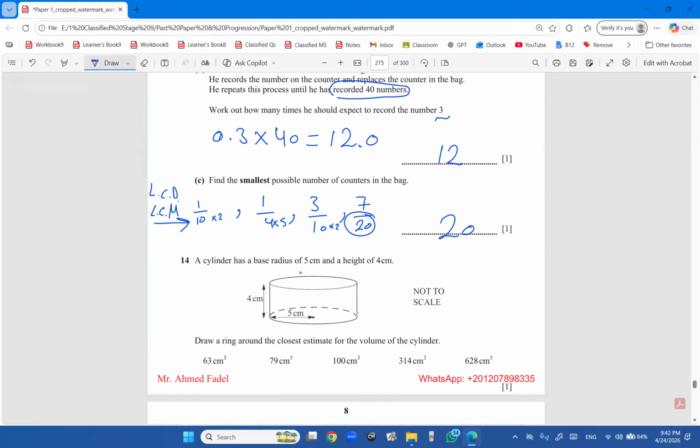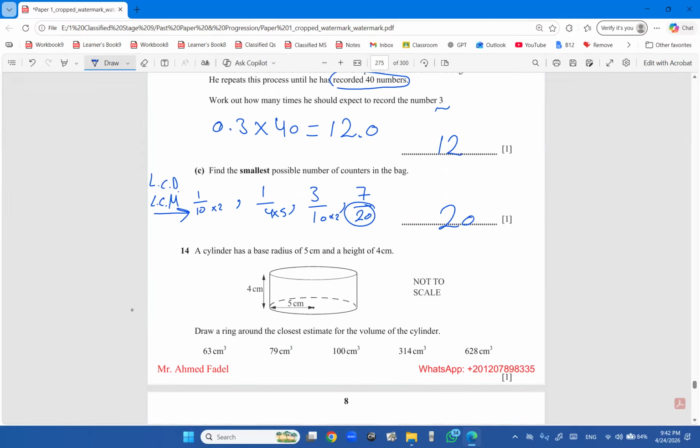A cylinder has a base radius of 5 centimeters and a height of 4 centimeters. Draw a ring around the closest estimate for the volume of the cylinder. They are requesting an estimate. The volume is the area of the cross-section multiplied by the height.